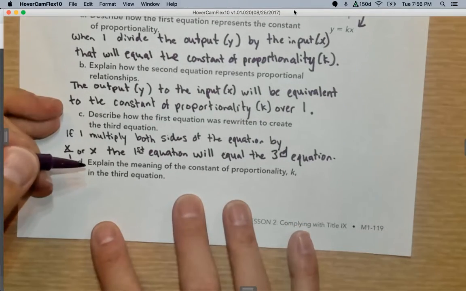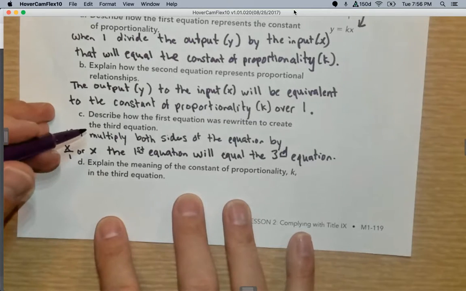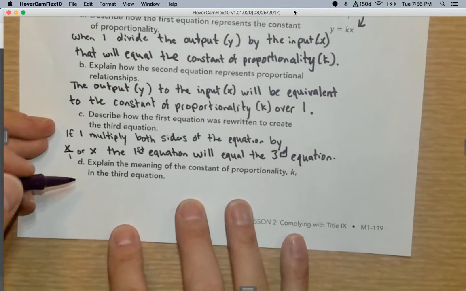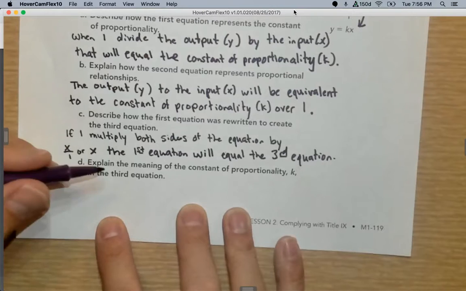D. Explain the meaning of the constant of proportionality k in the third equation. All right.